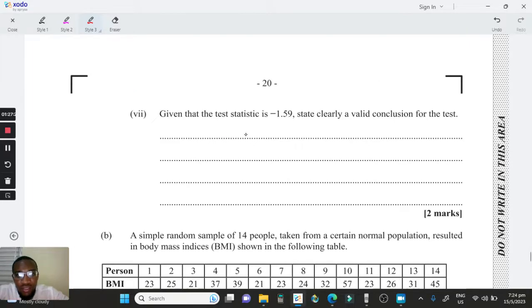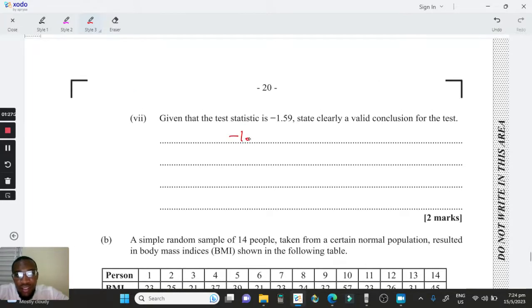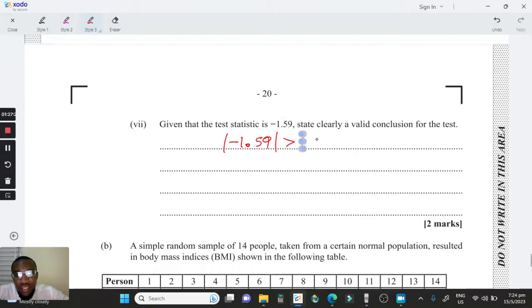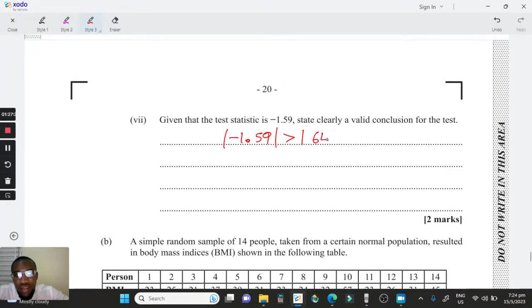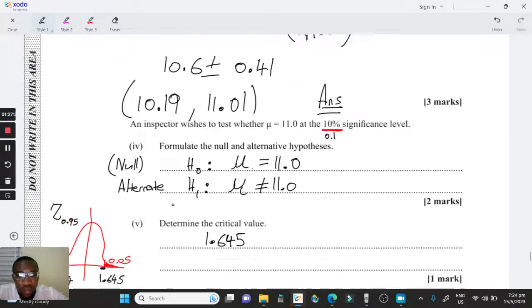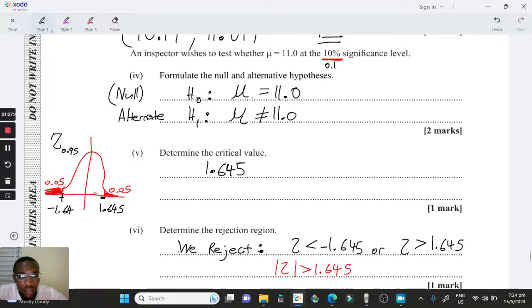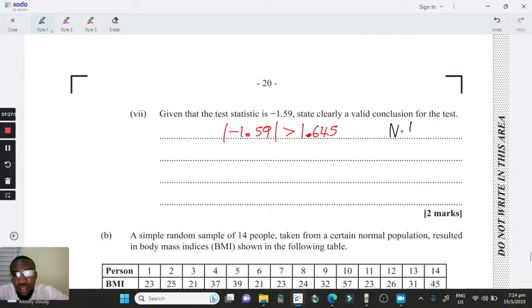So in this case, let's test it out. We have negative 1.59. Is the modulus of that greater than 1.645? No, that is not true. Somewhere right here is 1.59, so it's inside the not-reject region.